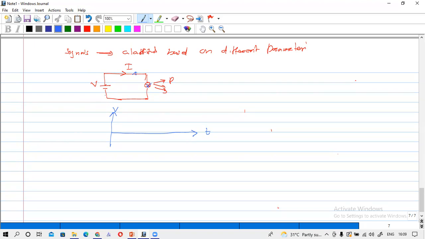To measure the voltage, what is the instrument you can use? Please tell someone what is the instrument you are using to measure the voltage or current.